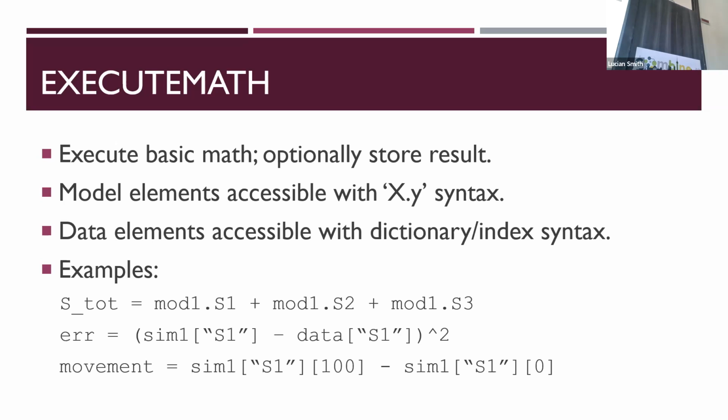I just run that math line and calculate the results. Or I want to say, over the course of my simulation one, the S1 data ended at 100, but it started at 0, and I want to see how far it changed over the course of that time course simulation.